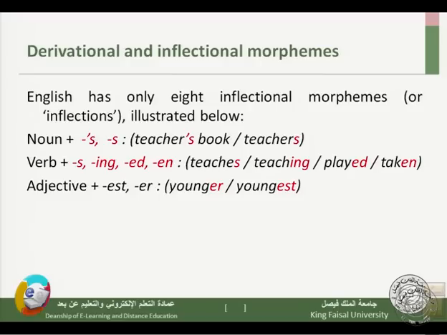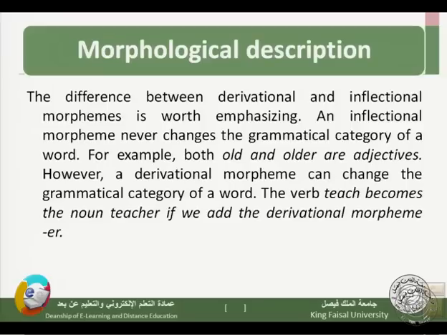Adjective, we can add est or er to the adjective. So we have younger, youngest. Younger and youngest are still adjectives. They do not change in form. Morphological description.